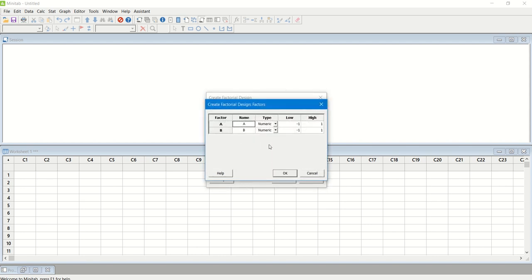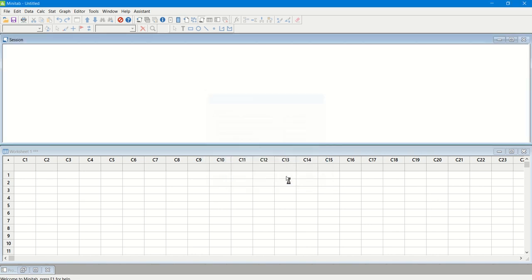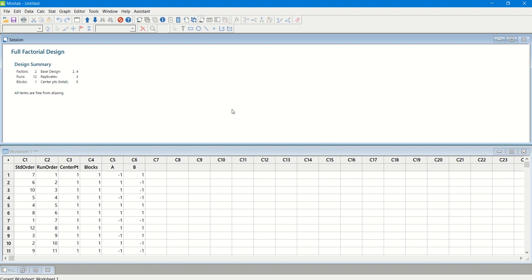Factors. Factor A, B, C, D. So we have base design, we have 3 replicates, we have designs, 2 and 4 levels factors. So how to change the factors here?